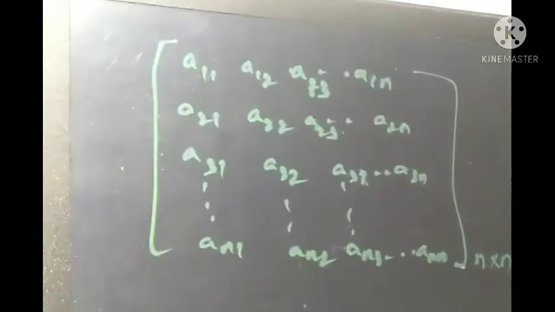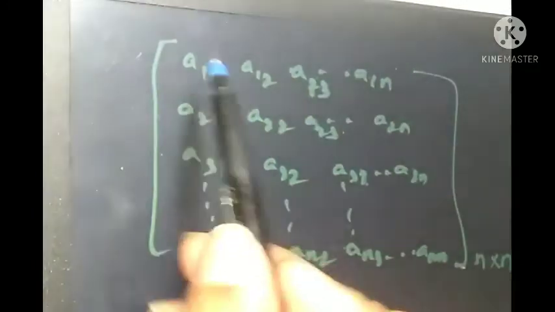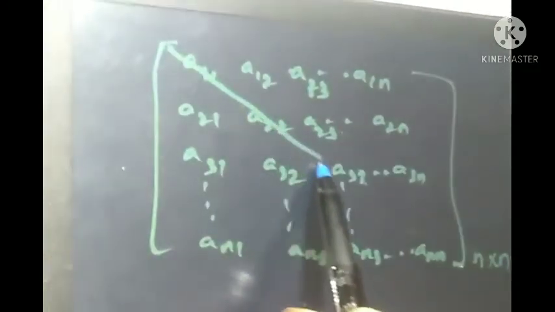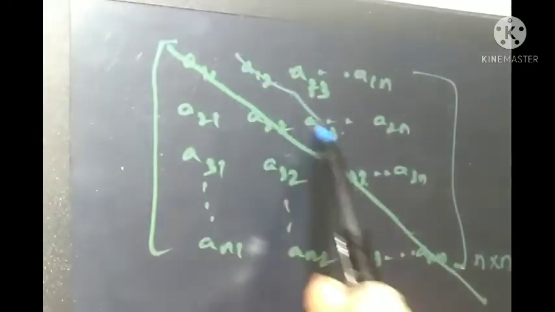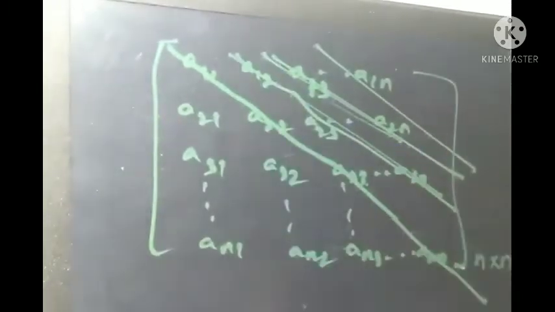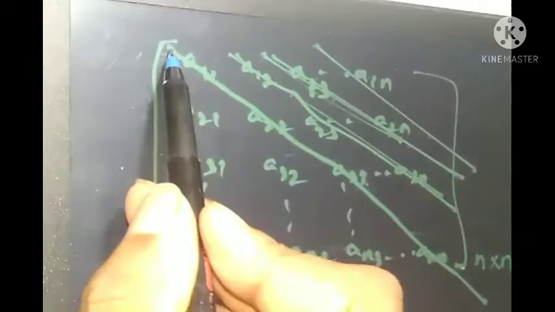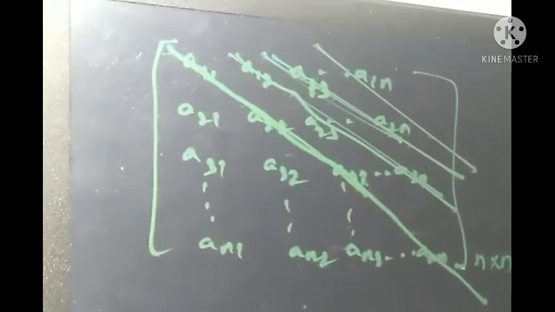Now we have to learn what is a super diagonal line and what is a subdiagonal line. See, this is the square matrix, and this is the diagonal line, which we call the principal diagonal line.